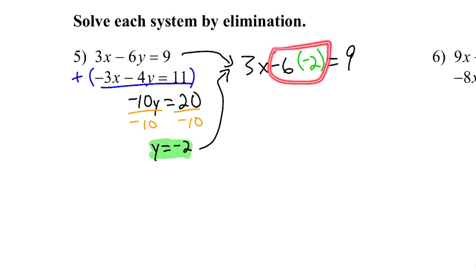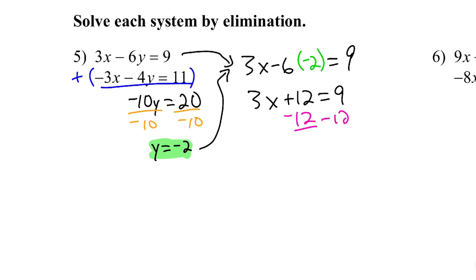Now that negative 6 times negative 2 is going to give me a positive 12. Now I'm going to need to subtract 12 from both sides. When I do that, I have 3x is equal to negative 3. Dividing by 3, I get x equals negative 1.